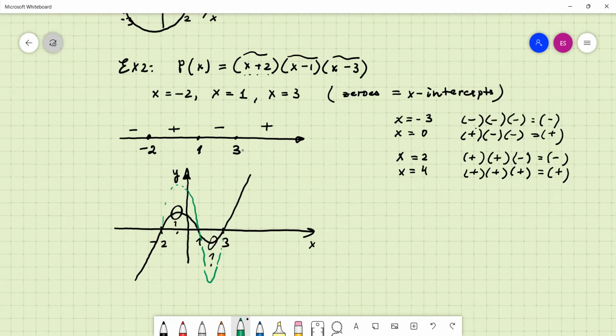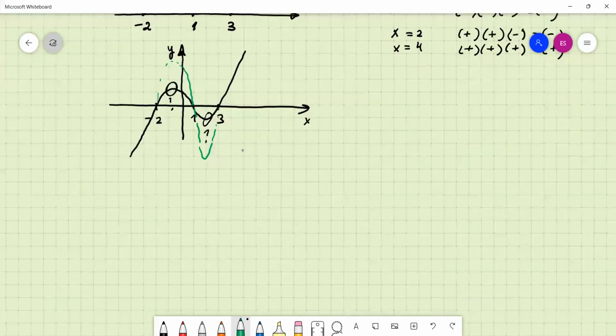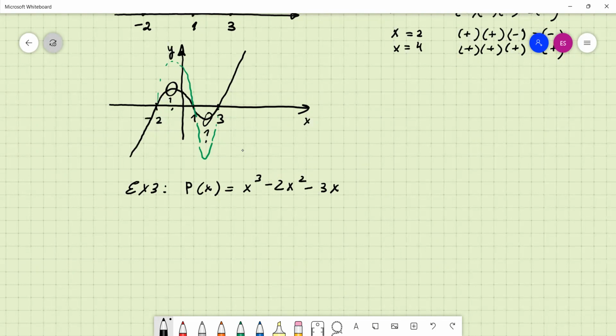Now let's consider maybe another example, where we are going to be factoring the polynomial, a more complicated example. So example number 3, the polynomial is equal to x cubed minus 2x squared minus 3x. Step number 1, we'll need to know its zeros. To find the zeros, we'll need to factor the polynomial.